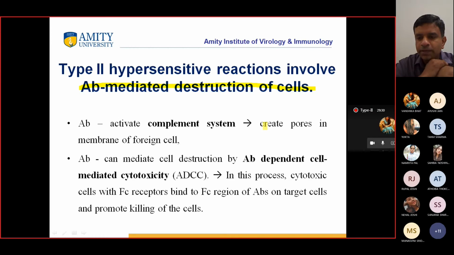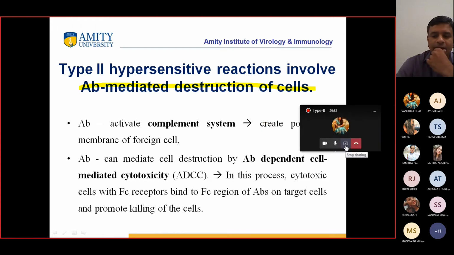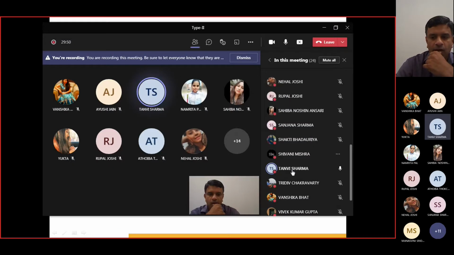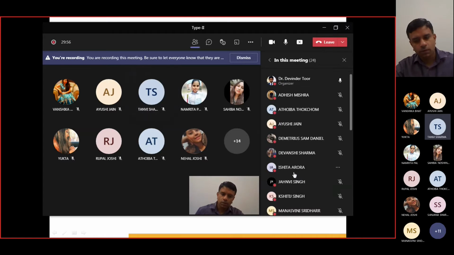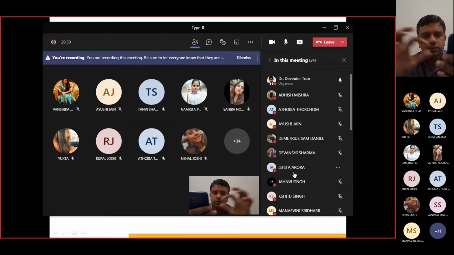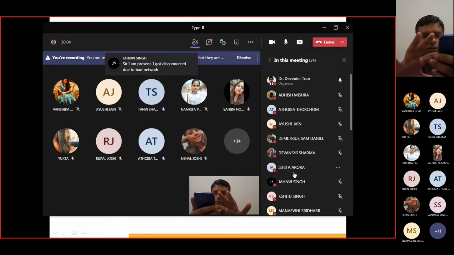It's a very basic thing, and all of you have even drawn that figure. Some of the students have also drawn that figure. Ultimately, a pore is formed, so I want to know the name of that pore. Students, find out the answer, because there is no sense going ahead without that.